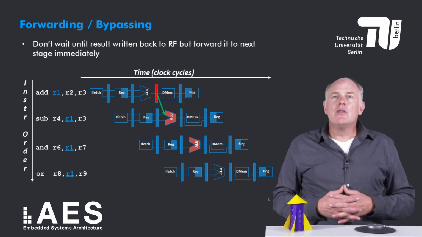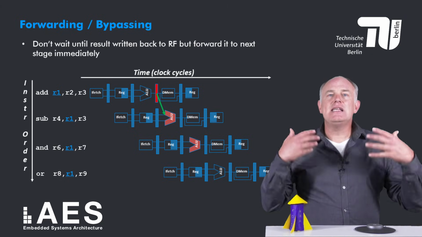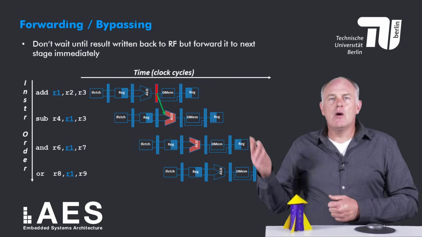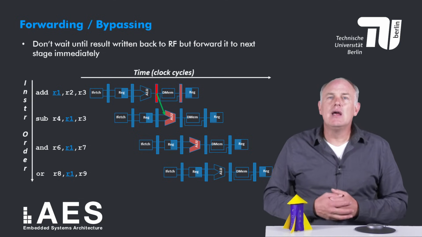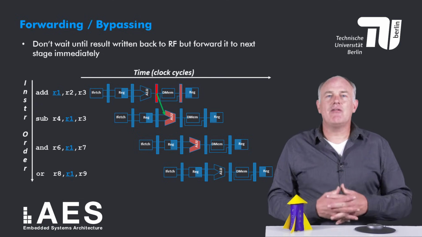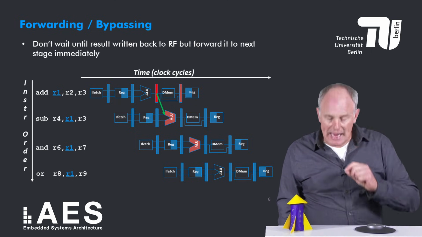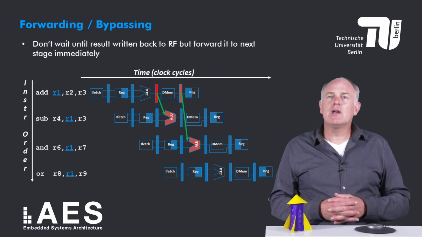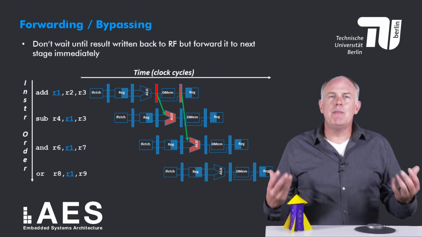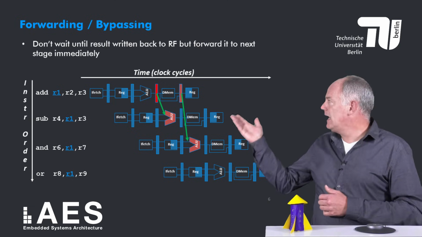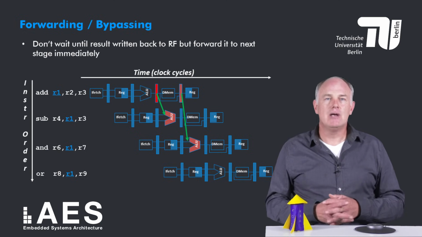Similarly, the result of the add operation is again needed by the ALU in clock cycle 5. Now the result is available in this pipeline register, the MEM write back register. So we should add some data path so that this result can be forwarded from the MEM write back pipeline register to the ALU, also as indicated by the green arrow here.